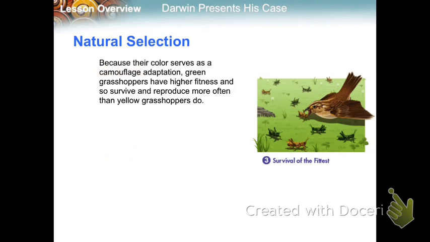So what we see happening over time is that green grasshoppers are camouflaged. They have higher fitness. They have a higher likelihood of passing on their genes because we see that the predators, in this case the birds, prey first upon the grasshoppers that stand out, the yellow grasshoppers.